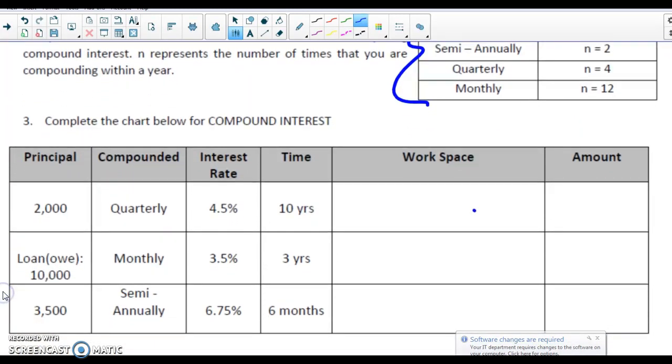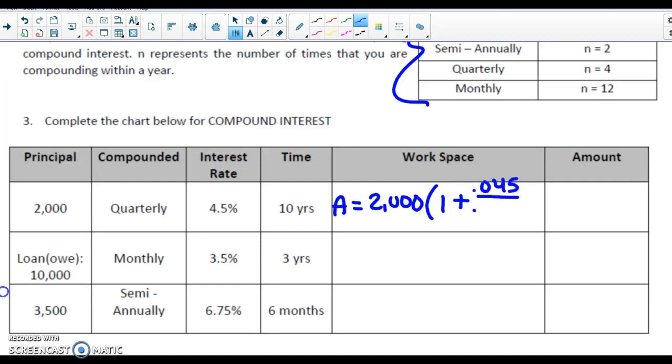And so what I'm going to do is I'm going to do the first one for you. My principal is 2,000, and I'm just going to plug my interest rate and my time into the right spot. So the amount that I'm going to have after 10 years is I'm going to take my principal, which is 2,000, and multiply it by 1 plus my rate. As a decimal, it's 0.045 divided by n.